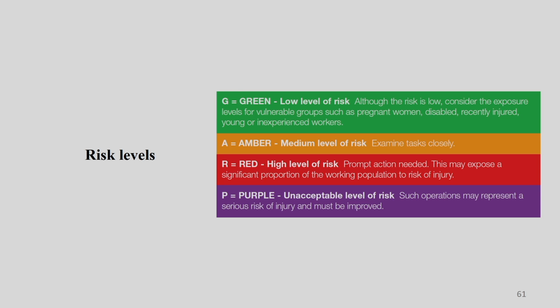If it is red, then it is high level risk. Prompt action needs to be taken, and this may expose a significant proportion of the working population to a risk of injury. So here you are getting into the alert zone. The red zone talks about a high level of risk.